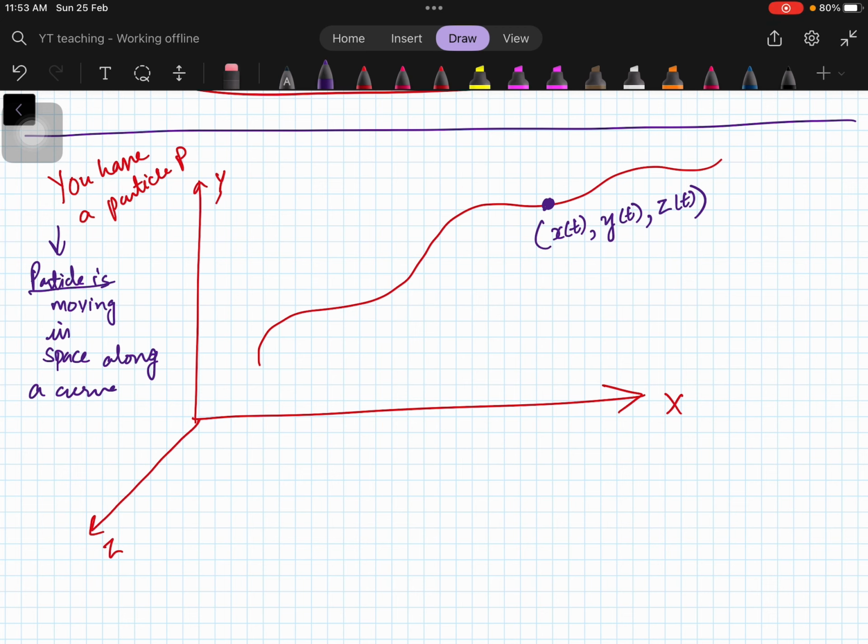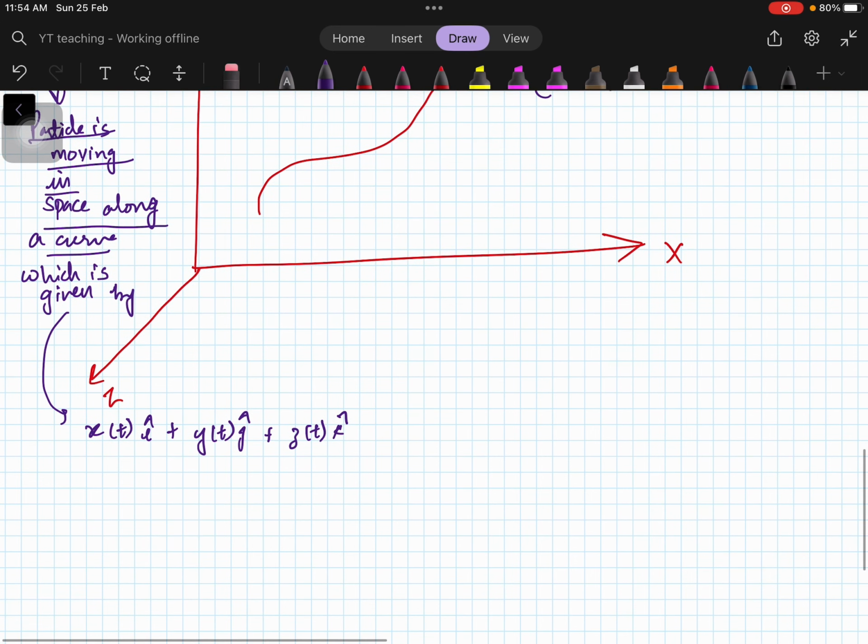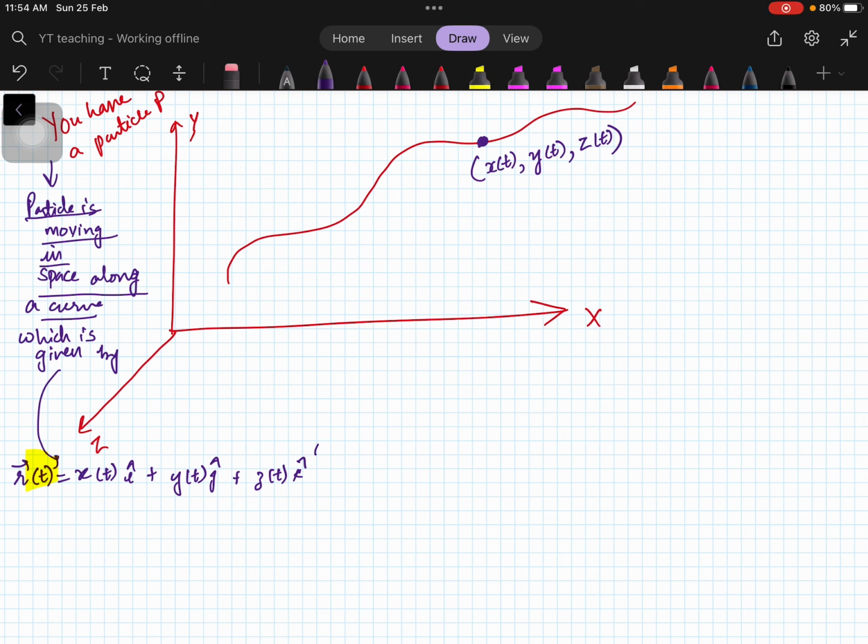So a particle is moving in space along a curve, and I just told you, you can think of it as a vector, x(t) i cap plus y(t) j cap plus z(t) k cap, right? So this is the position vector of the particle at time t, and we'll denote it with small r with a vector symbol on the top. Does that make sense?